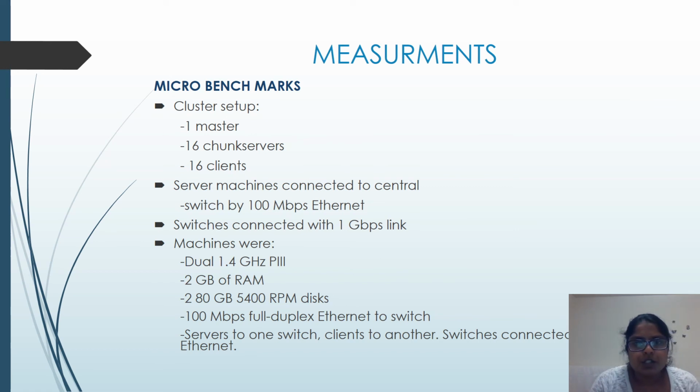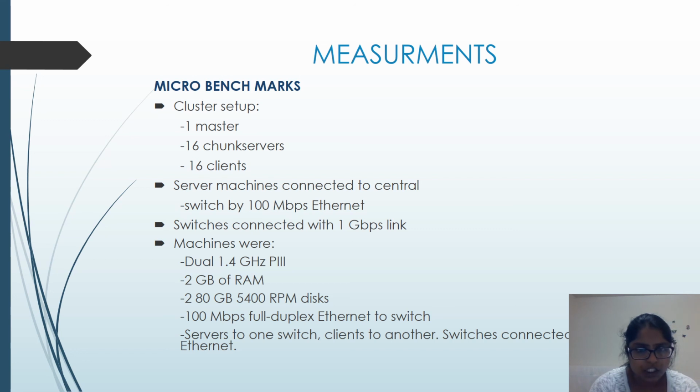Here we are going to measure a GFS cluster setup using one master, 16 chunk servers, and 16 clients. Each machine is connected to a central switch by 100 Mbps Ethernet, and the switches are connected with a 1 Gbps link.